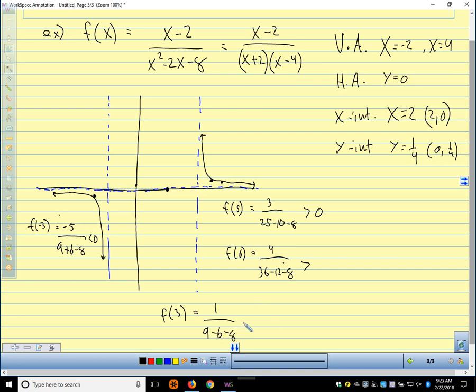Positive or negative? Negative. So f of 3 is down here somewhere. So that function is going to do that. Kind of looks like a cotangent function between its asymptotes. There.